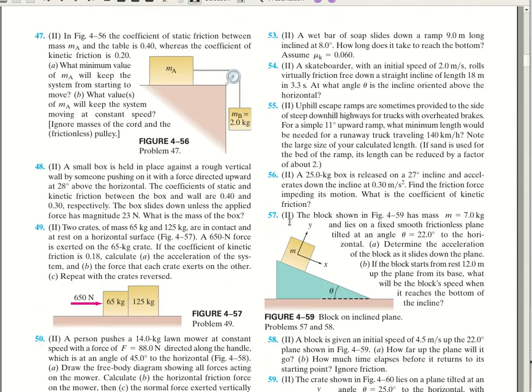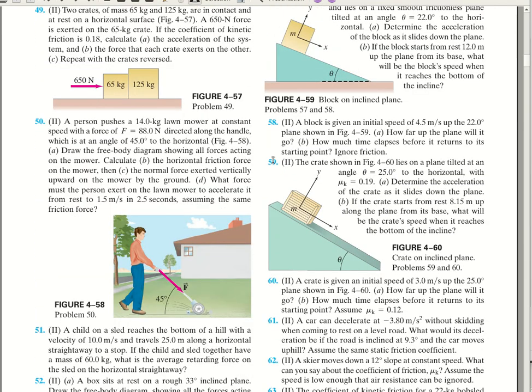Okay, another one I have resolved is this one. We have a crate, shown in this figure, on an incline with an angle of 25 degrees to the horizontal, and the mu is 0.19. You have to determine the acceleration of the crate as it slides down the plane, moving along the x-axis.